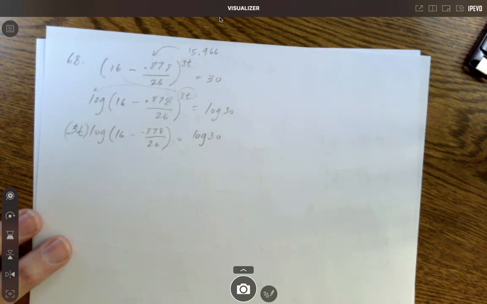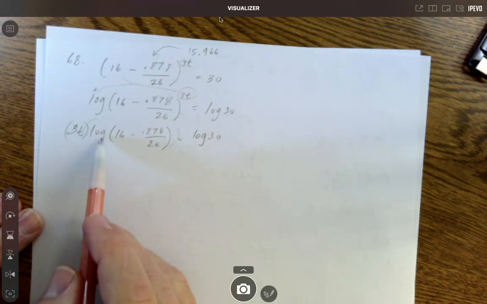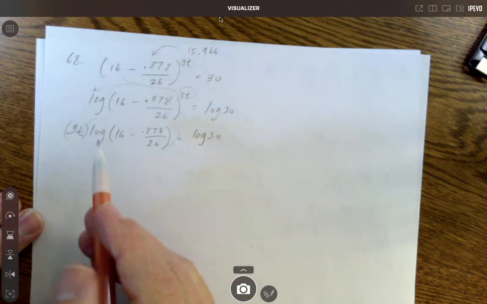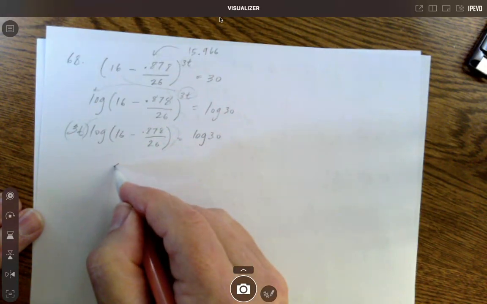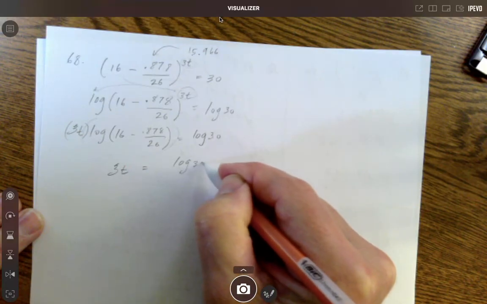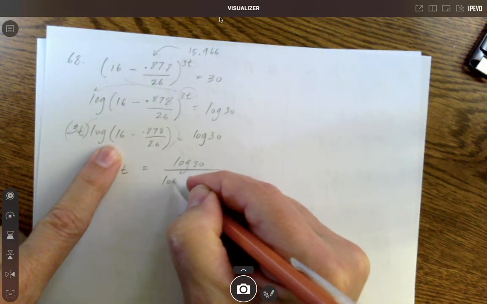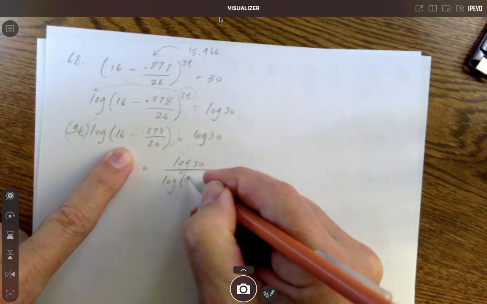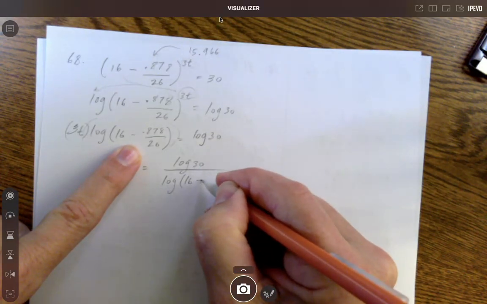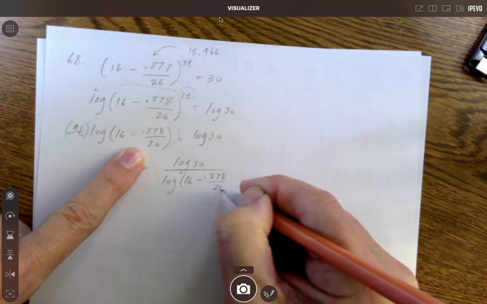Now I can divide both sides by this number here. The log of all this is just a number, so I'm going to divide both sides by that. So I get 3t equals log of 30 over log of 16 minus 0.878 over 26.